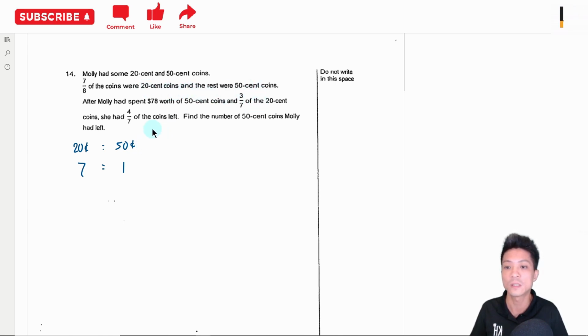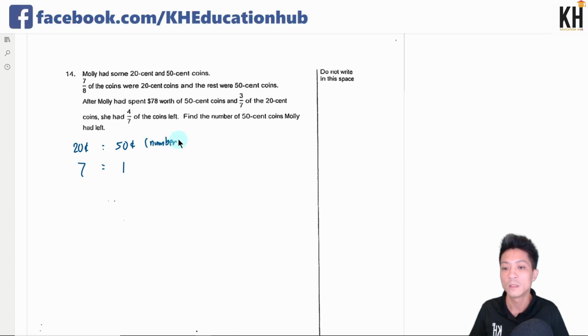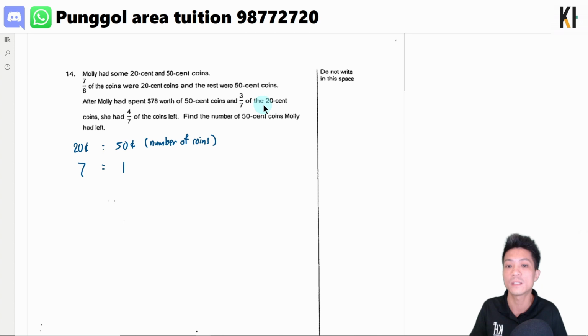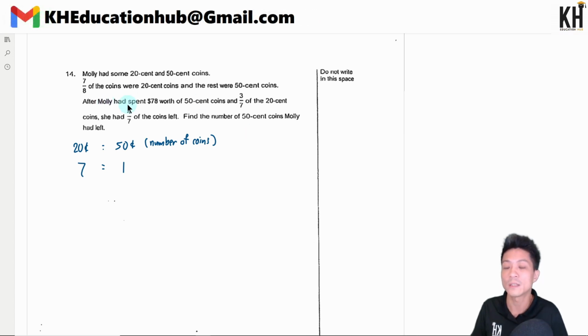Keep in mind this is the ratio of the number of coins, not the amount of money. After Molly has spent $78 worth of 50-cent coins and 3/7 of the 20-cent coins, she had 4/7 of the coins left.